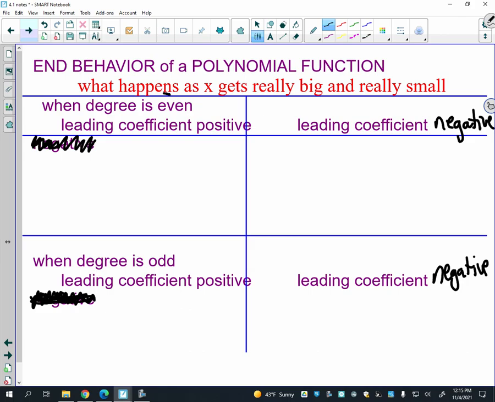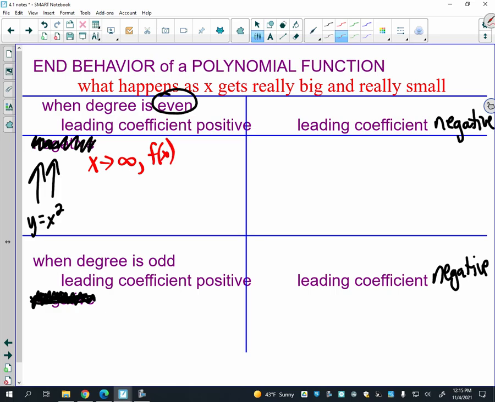So if your degree is even, which means the highest exponent is an even number, when the leading coefficient is positive, the arrows are going to always both point up, like y equals x squared. Both arrows point up. But if I ask you to describe the end behavior, you're going to write it like this, okay? You're going to say as x goes to infinity, that means as x gets really, really big, what's happening to y?